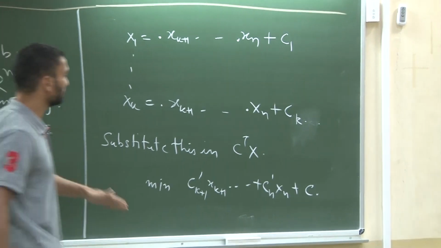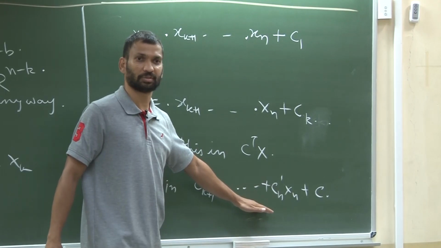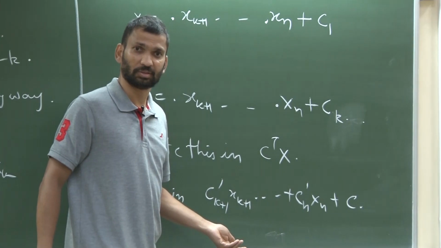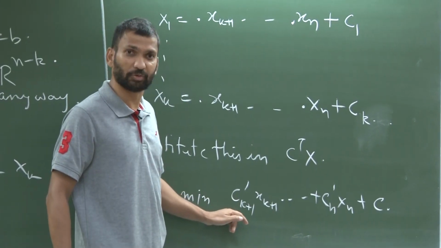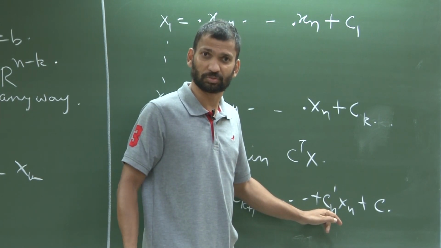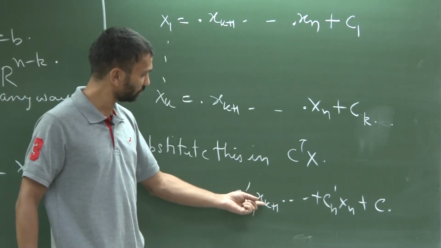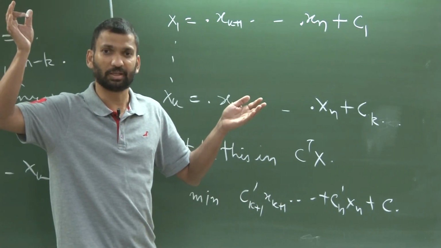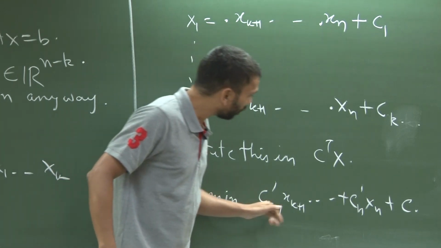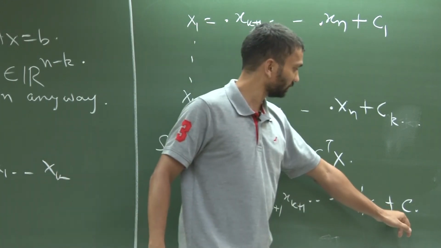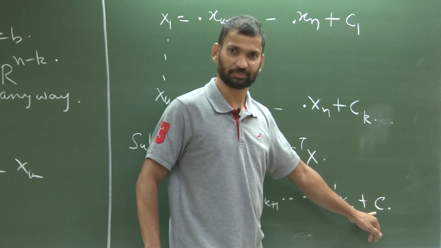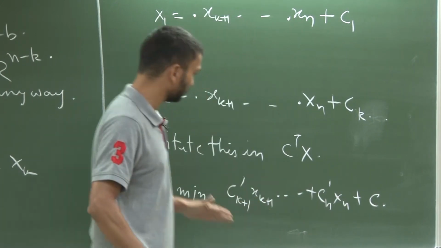It is just optimizing this linear function. And now my life is easy. This is going to be minus infinity if any of these are non-zero, because then going in that direction I can make it negative. There is a trivial case, you have to remember that if all of these are 0, then for any solution the objective function is c. This is all.